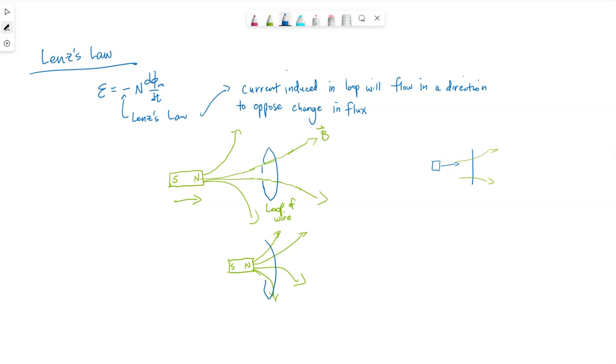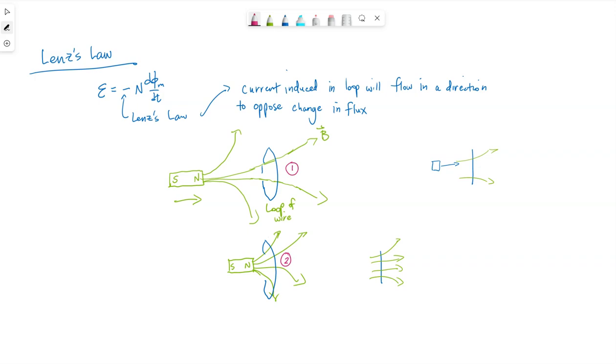So my loop is still here, but since the magnet is closer, if I look at my loop from the side, I now have, from my drawing, 4 magnetic field lines passing through. So we've gone from the first moment in time, where I only have 2 magnetic field lines passing through, to a second moment in time when I have 4.